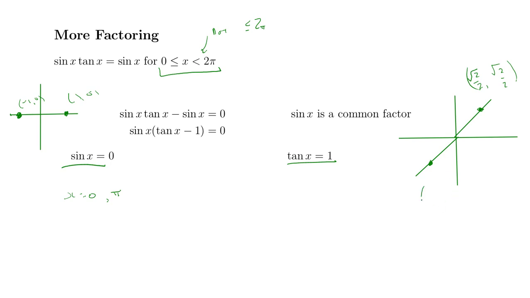And this one here is negative root 2 over 2, negative root 2 over 2. So the x and the y values are the same, meaning your tangent is going to be 1. And so x, in this case, is going to be pi over 4 and 5 pi over 4. And we won't worry about all the coterminal ones because, again, we're just looking at ones in that first revolution.